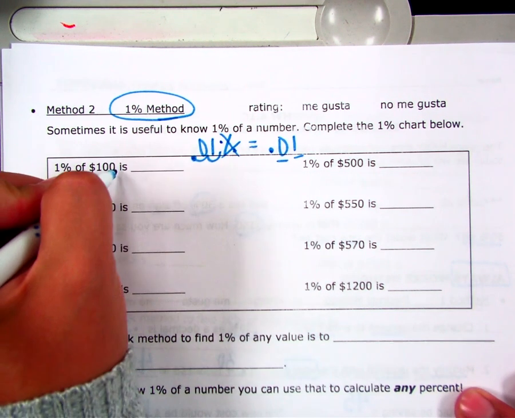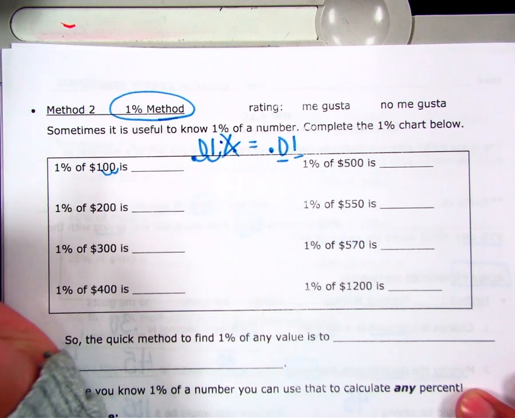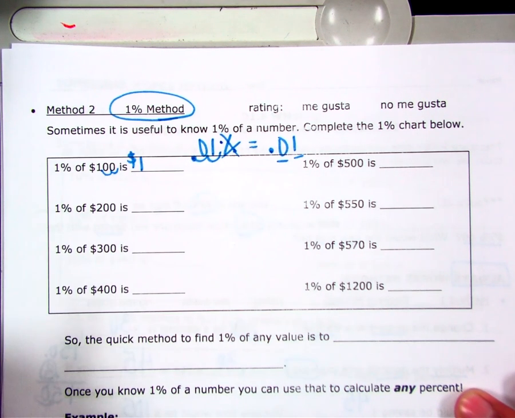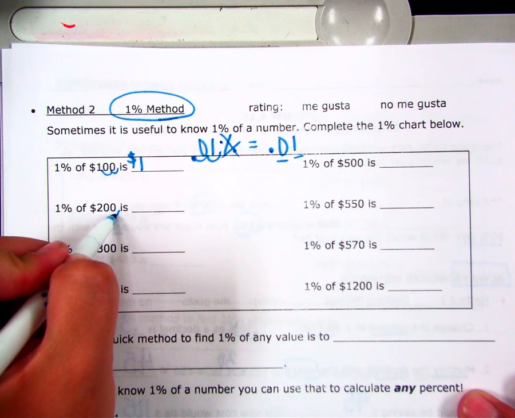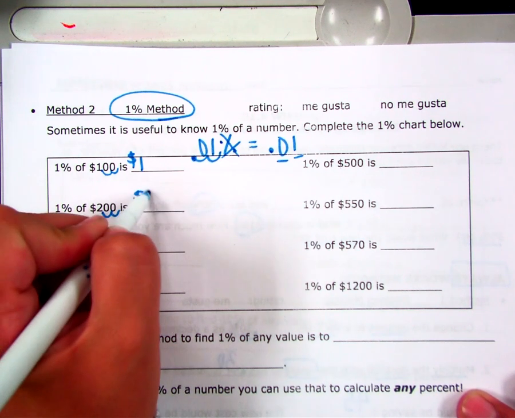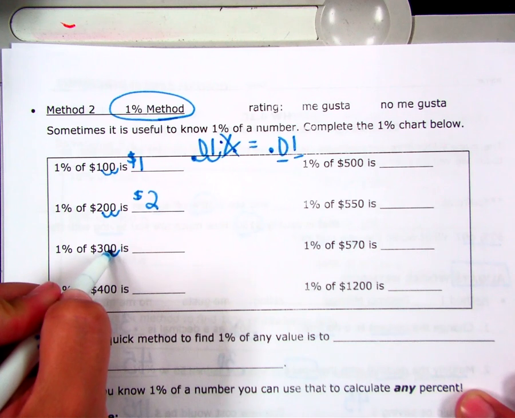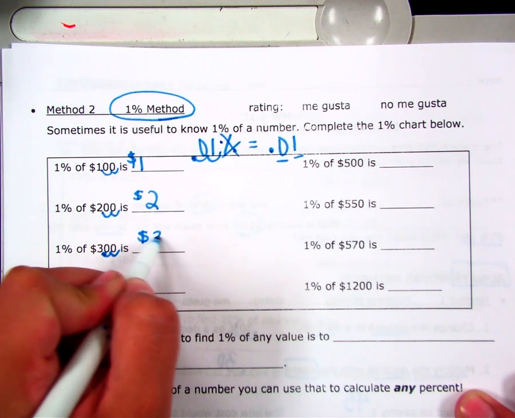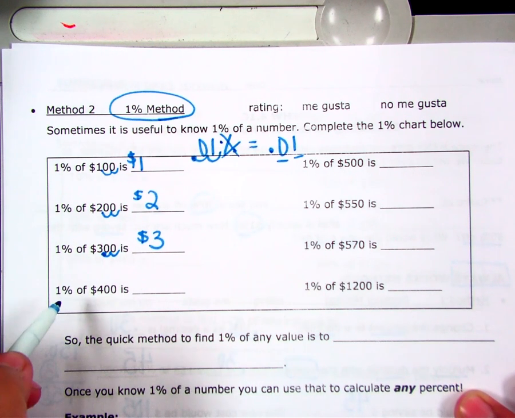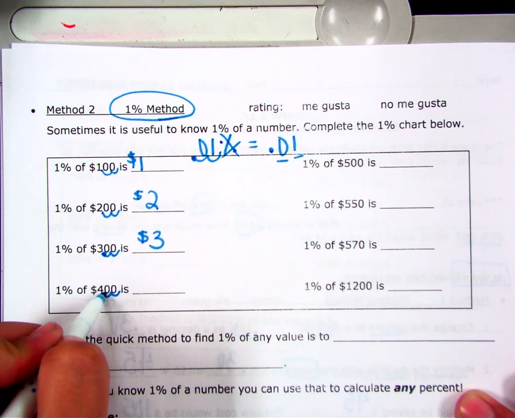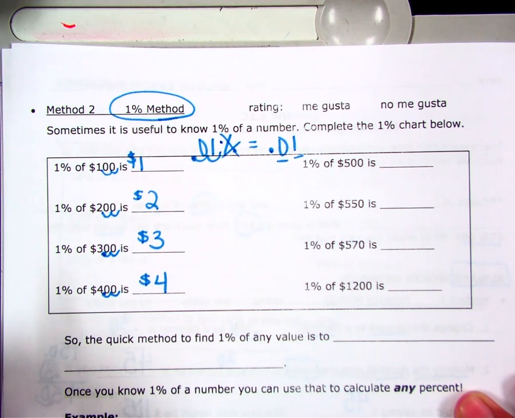So if I want 1% of 100, I can go 1, 2 to the left, and that's $1. If I want 1% of 200, I can move it to the left 2 times, that's $2. If I want 1% of 300, I can move it to the left 2 times, and that's $3. If I want 1% of 400, I move 2 times to the left again, and I get $4.